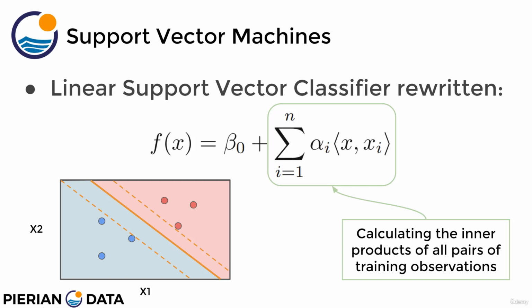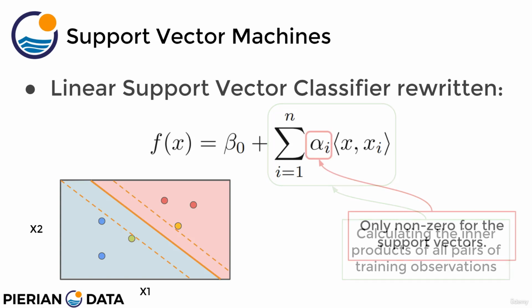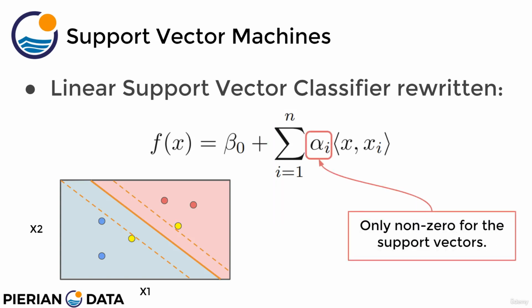But for now, just take it as is that I'm able to rewrite a linear support vector classifier in terms of inner products. Now, since I'm able to calculate the inner products of all pairs of training observations multiplied by some alpha parameter, you'll realize that in this particular case, the alpha parameter is only non-zero for the support vectors.